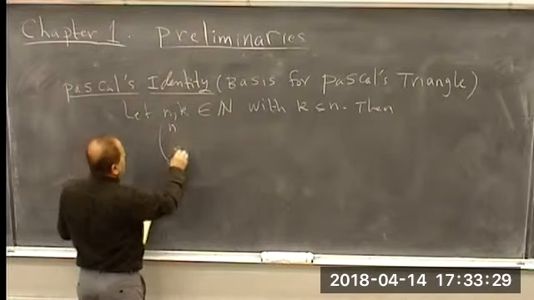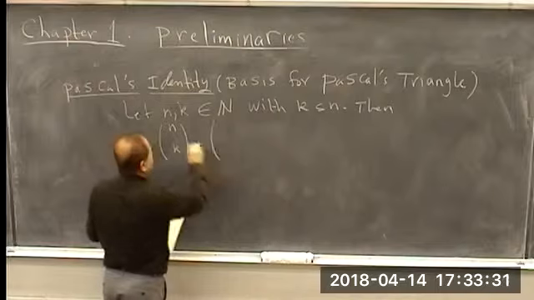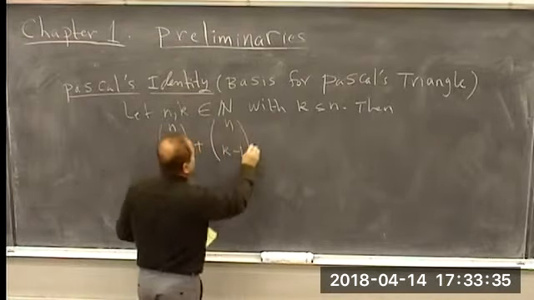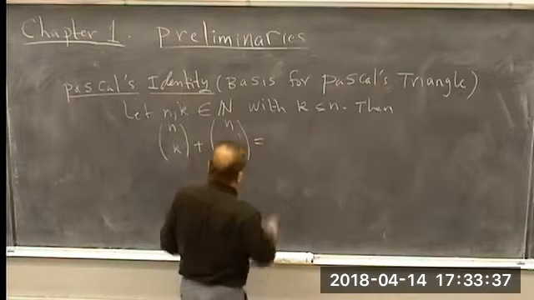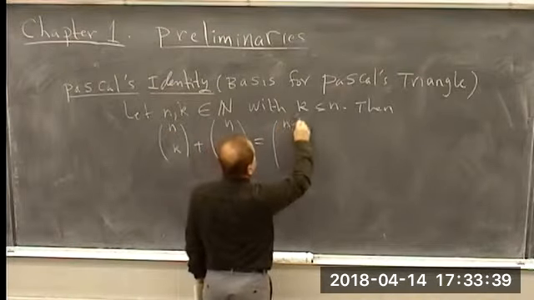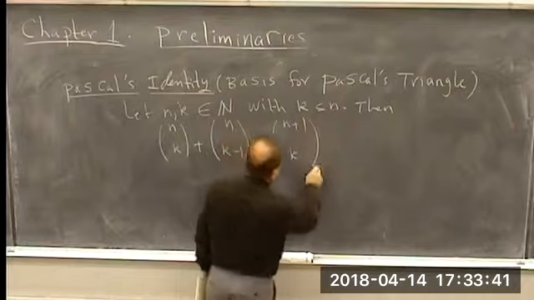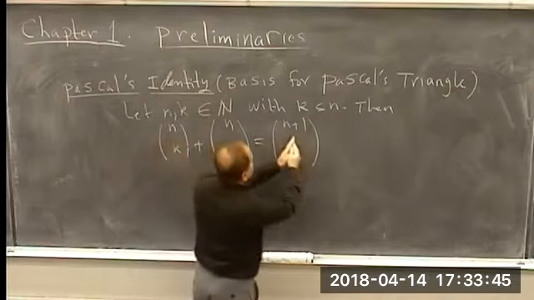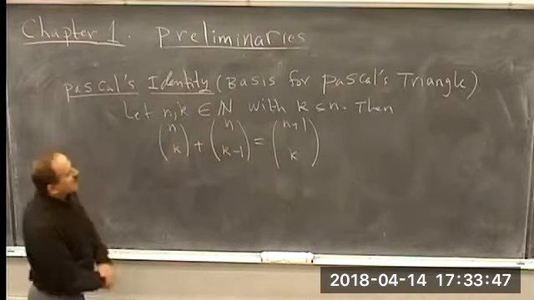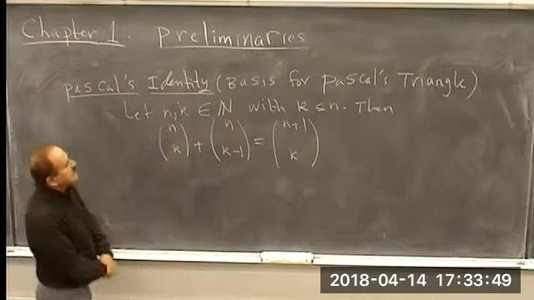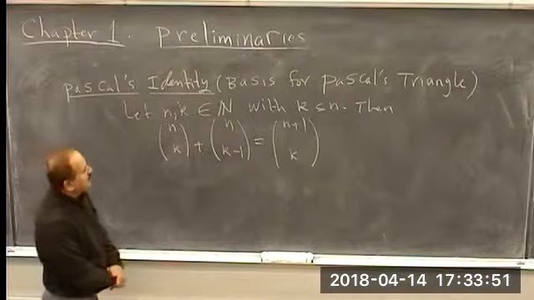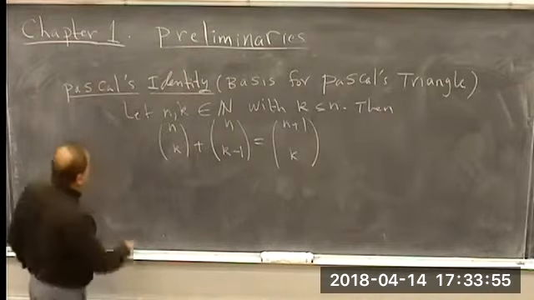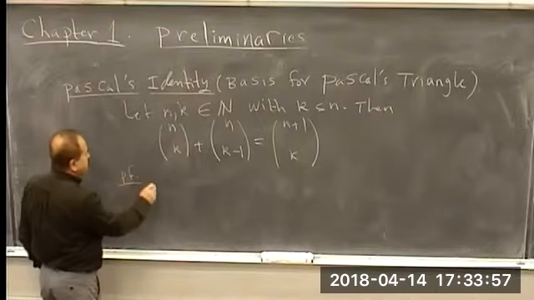The sum of the binomial coefficients n choose k and n choose k minus 1 gives you the same as n plus 1 choose k. So this is the sum of two binomial coefficients. You can combine them into one binomial coefficient, and you see the differences in the n and the k. So you could use it either way. The proof is very, very simple.